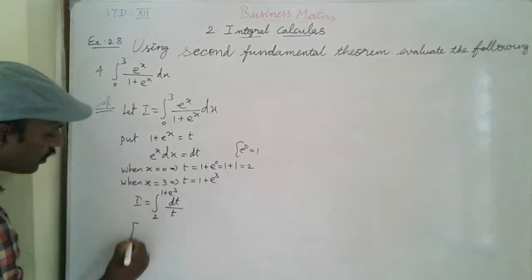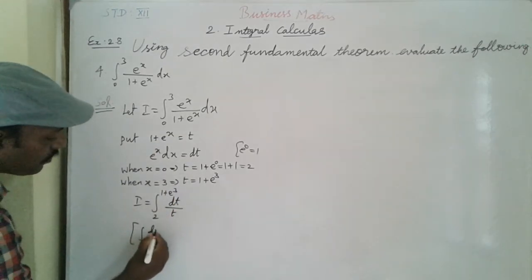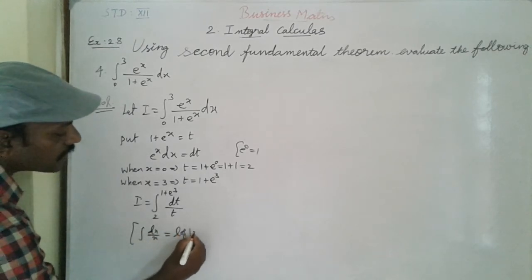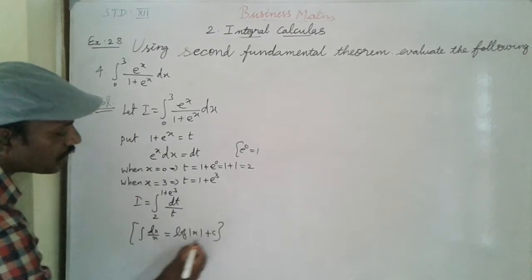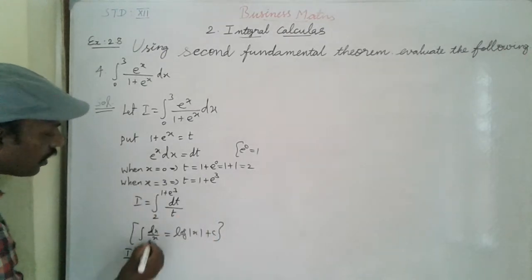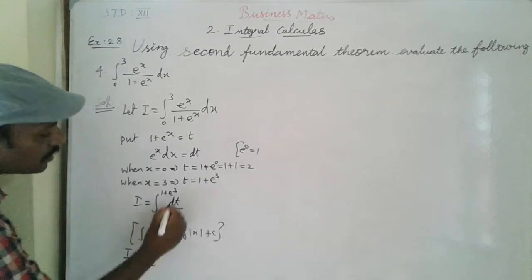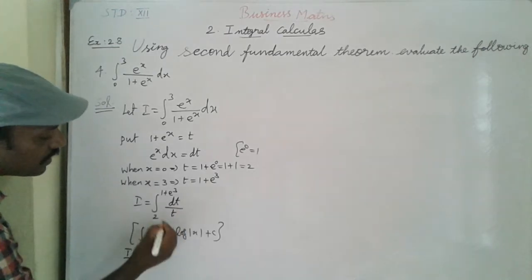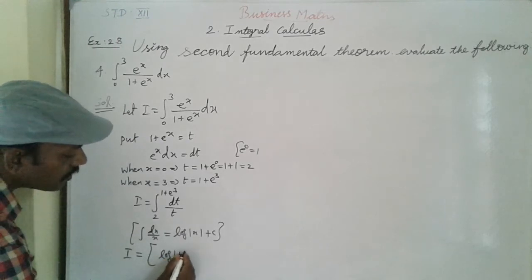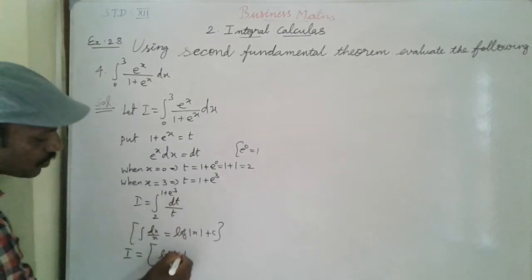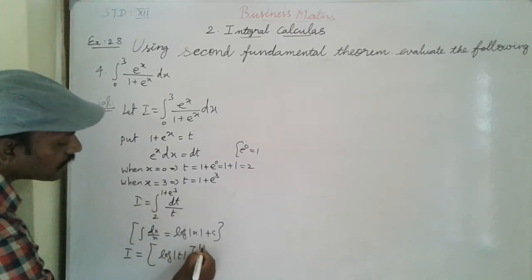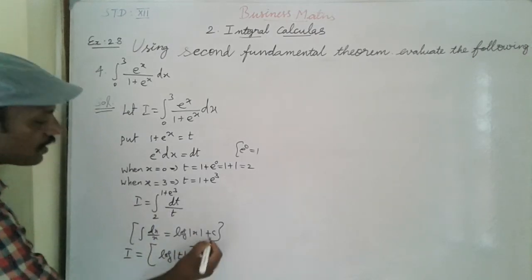We know the formula integral dx divided by x equals log of modulus x plus c. Substitute this formula here: I equals integral dt divided by t, which is log of modulus t, with limits 2 to 1 plus e power 3.